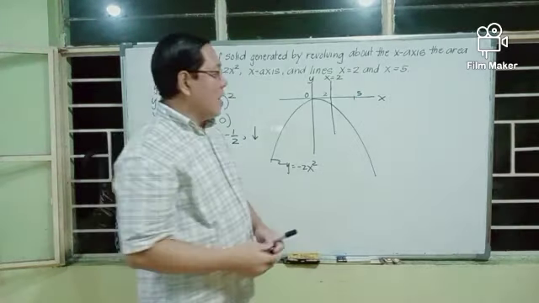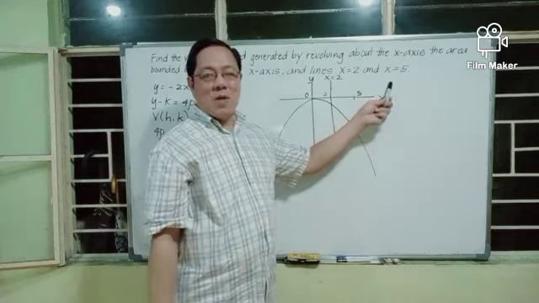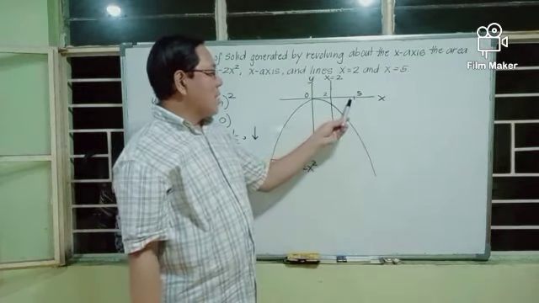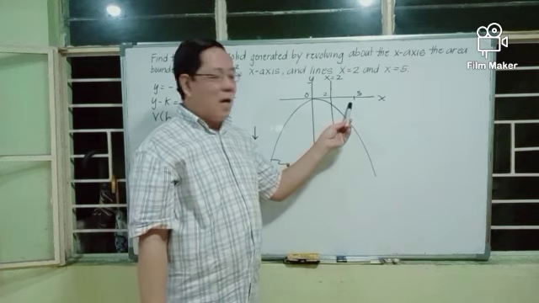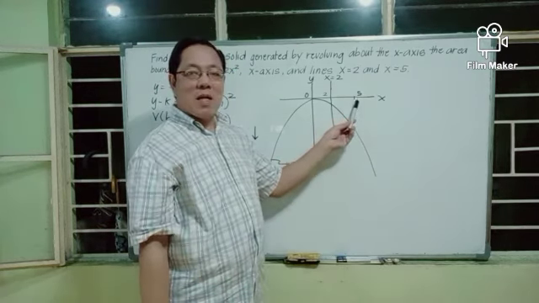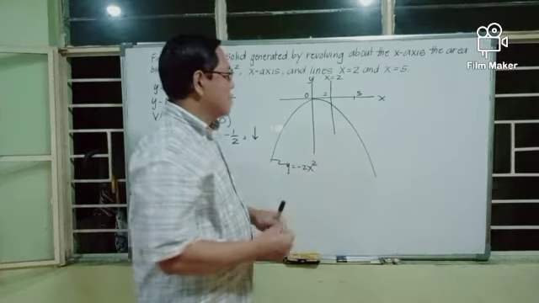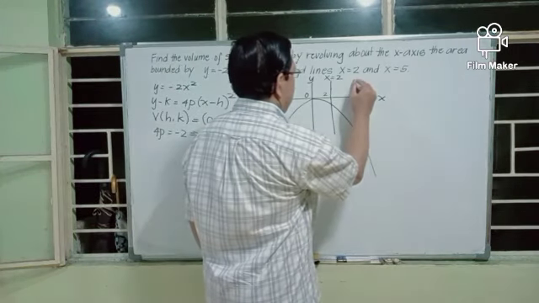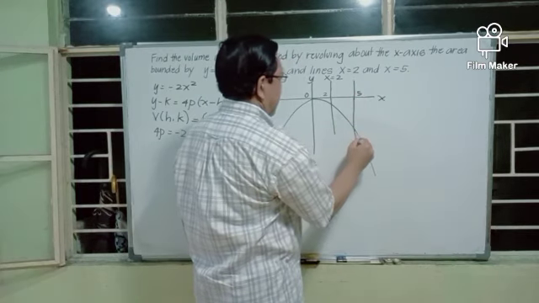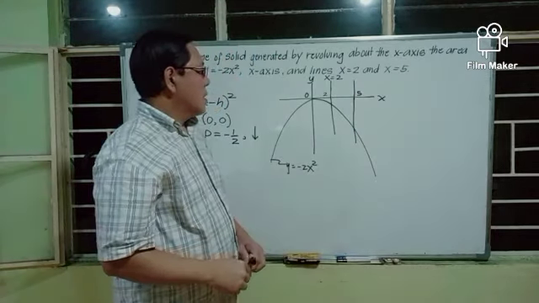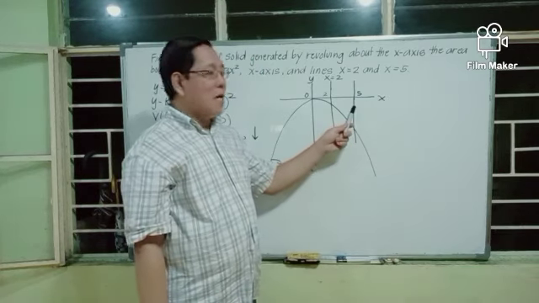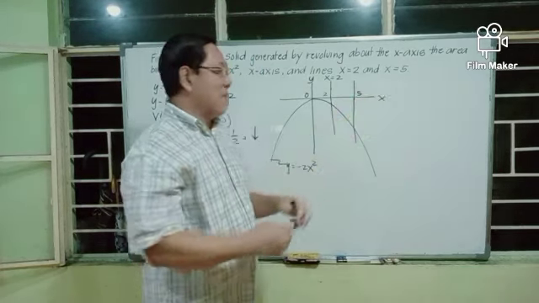And the line with this equation x equals 5 again is parallel with the y-axis, passing through this point x equals 5 on the x-axis, and the line is perpendicular with the x-axis. And this line has equation x equals 5.